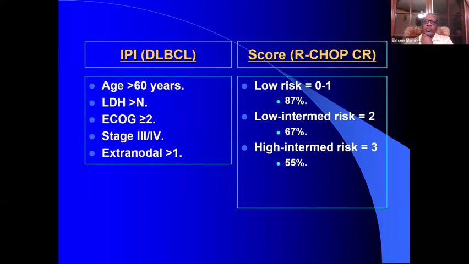Intermediate risk, which is the score of 3, 55%, and so on. High risk, 45%. So the IPI is very important when you treat patients and talk to the patient about prognosis and the outcome. There is a revised IPI, but this is enough. You can read about the revised one if you want, and there is also the age-adjusted IPI. But just to simplify it, this is enough.